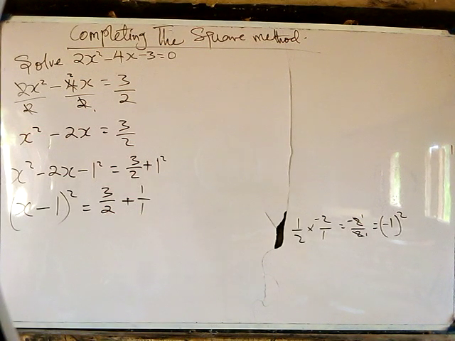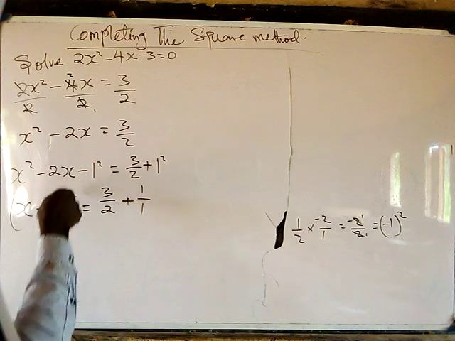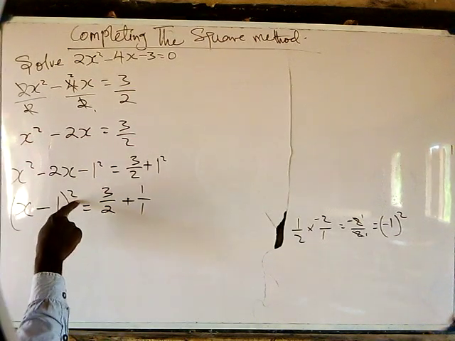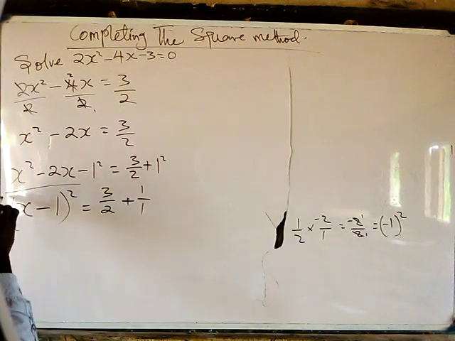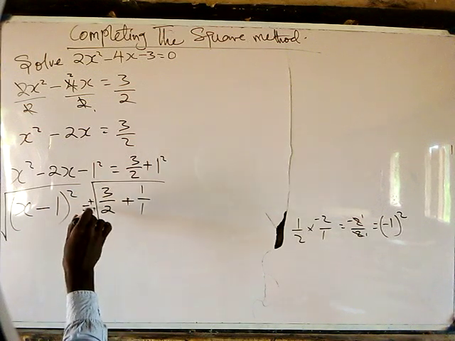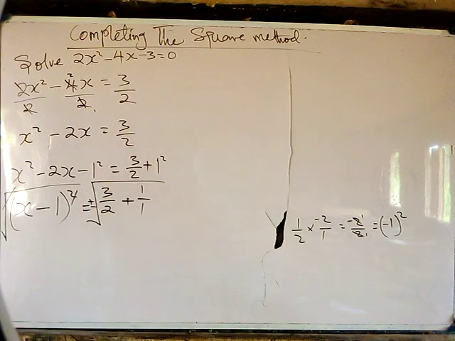Now, there is need for me to remove this square. I'm looking for x minus 1, not x minus 1 square. The only thing I can do to remove this square is to apply square root, and that has to be done to both sides because of the equality sign. So when the square root cancels the square, what do you have left?